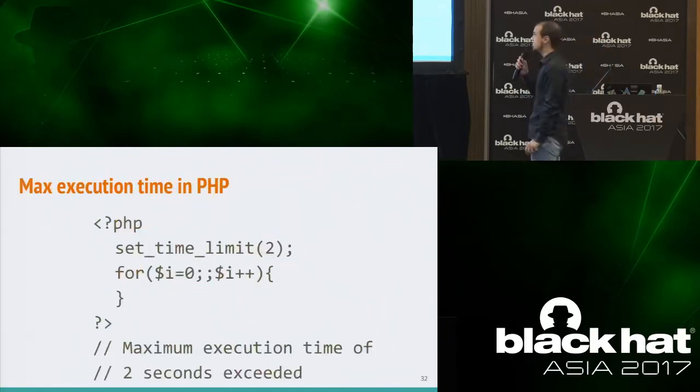So going back to PHP, which is pretty widespread, I still have to understand why. PHP allows you to set execution time for anything, and if that is exceeded, the runtime will kill it for you.